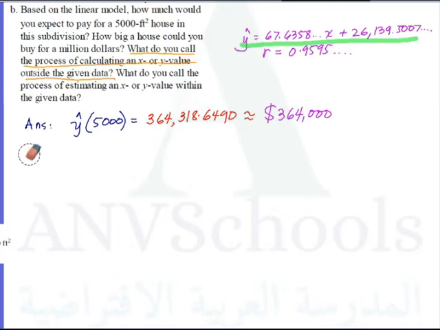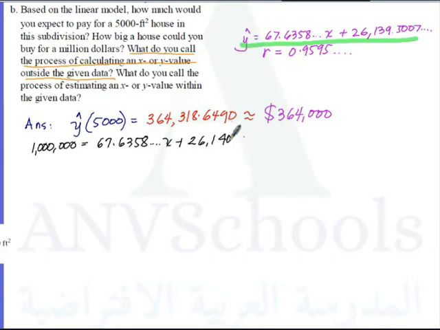When y hat is equal to 1 million, that would give us $1 million equals 67.6358x plus 26,139.5007, or let's just call it 140.